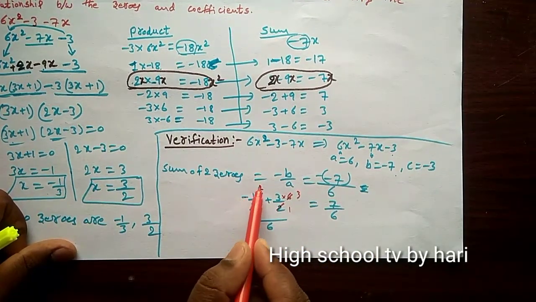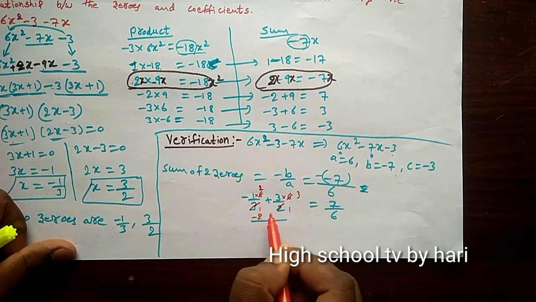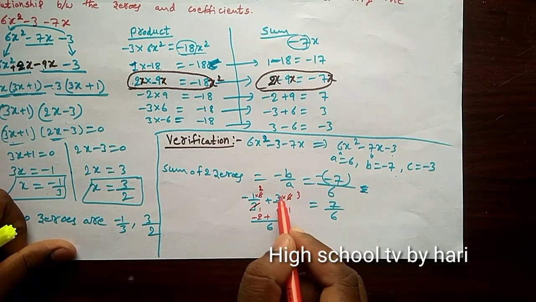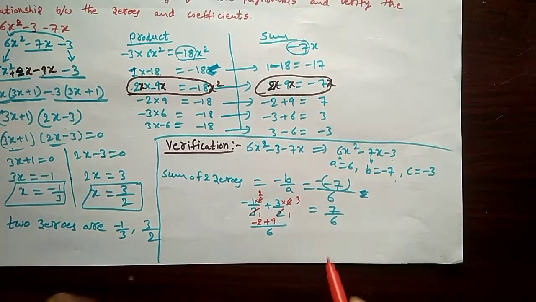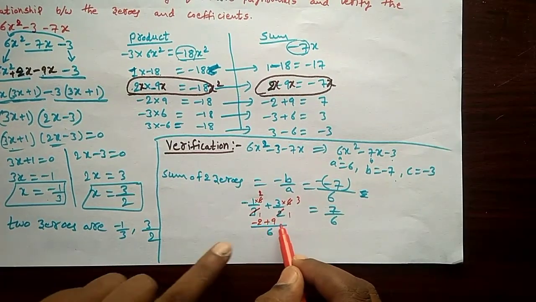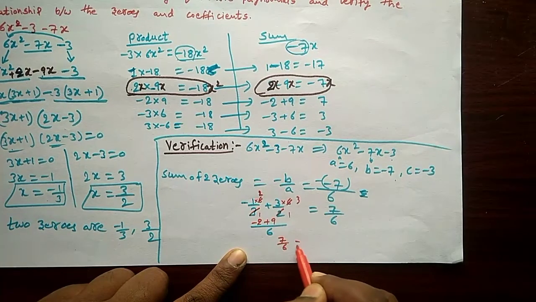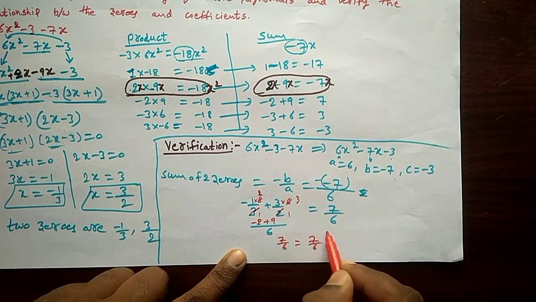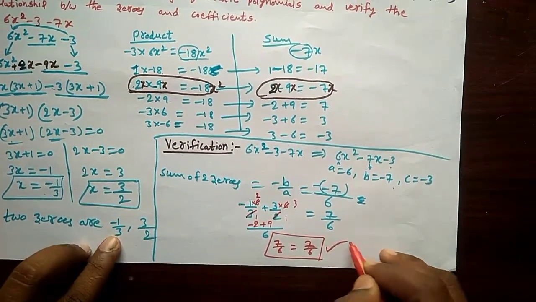So remaining minus 1 into 2 in the numerator. Minus 1 into 2 is minus 2, plus symbol is there, plus 3 into 3 here in the numerator. 3 3s are 9. So minus 2 plus 9 is 7 by 6. Here also we got 7 by 6. 7 by 6, 7 by 6 verified.